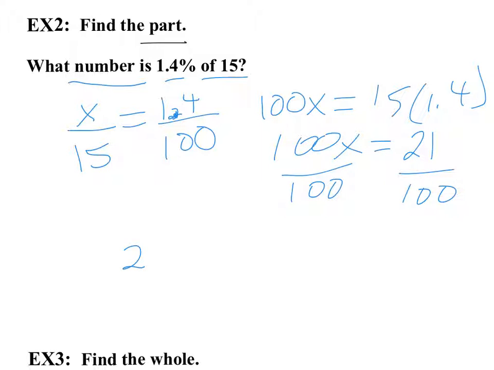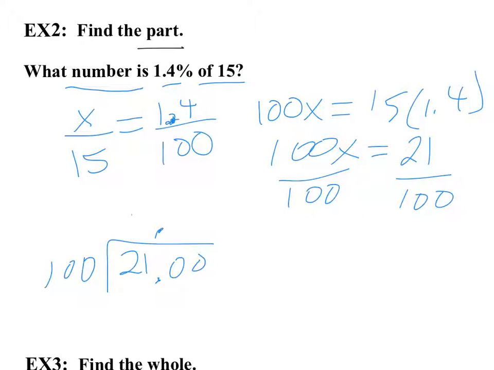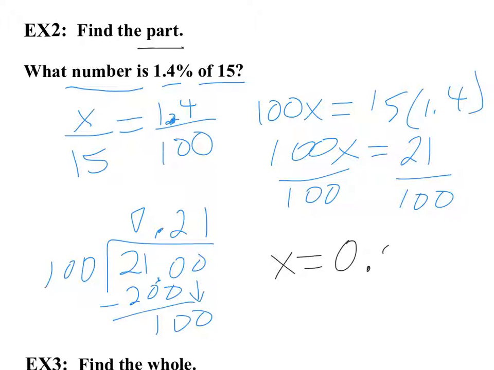So we know that 21 divided by 100, add our decimal, 2 zeros, and 100 goes into 21 0 times. And then 100 goes into 210 twice. Left over with 10, bring down our 0, and then 100 goes into 100 one time. So now in this case, we end up with our value as x equals 0.21 or 21 hundredths, as our part out of our total.